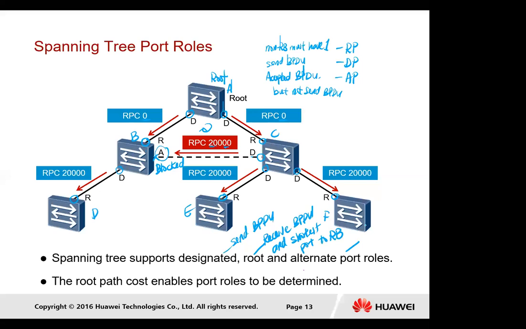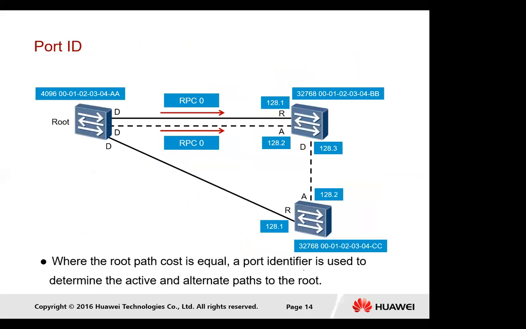And alternate port is just blocking. That is what you need to take note of under the spanning tree port roles. So there are 3 different port roles.